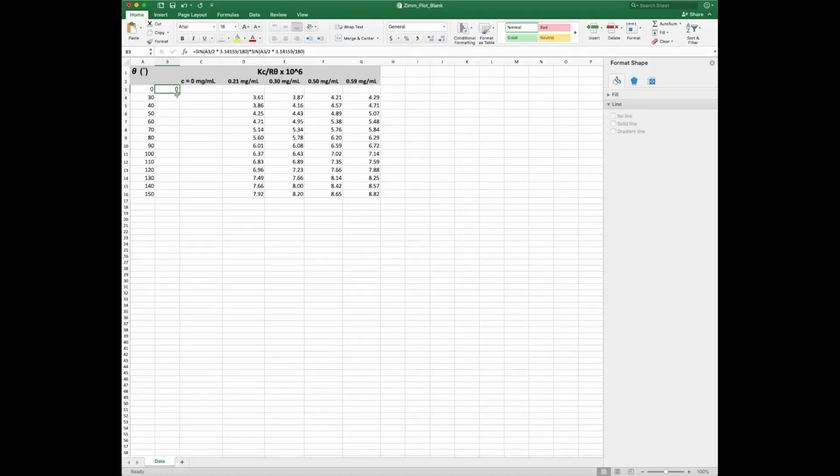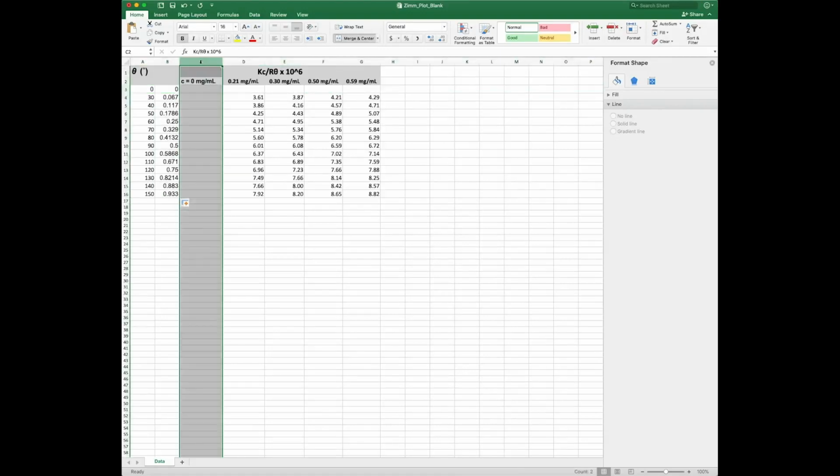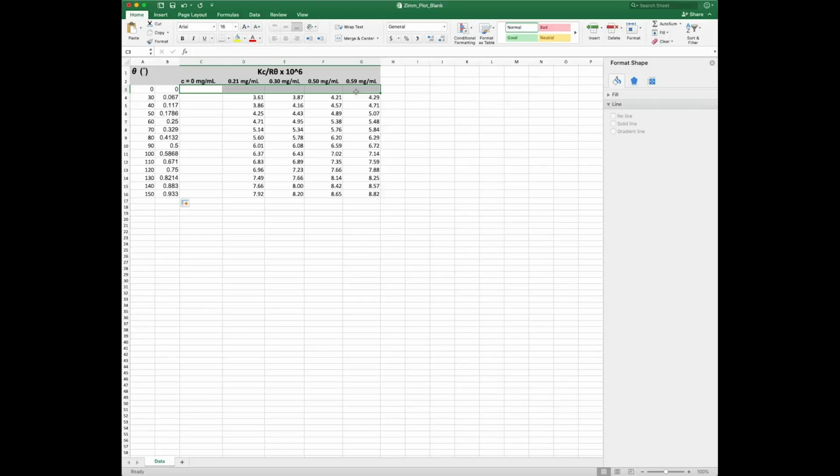Okay, so now that we've done that, we can fill down. And now we have all of the values of sine squared of theta divided by 2. And we still can't get this data, and we still can't get this data. So now we're going to have to fill in the values for this intercept.